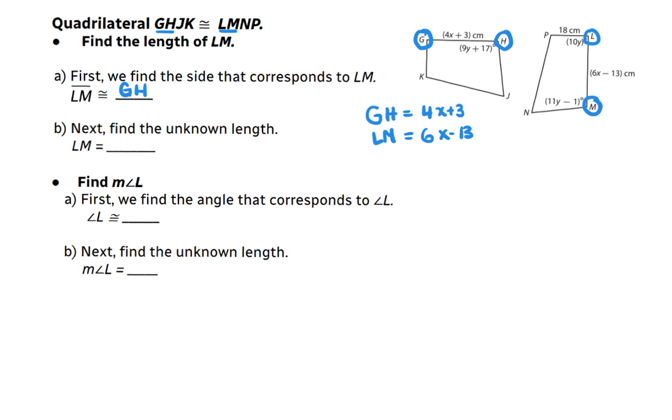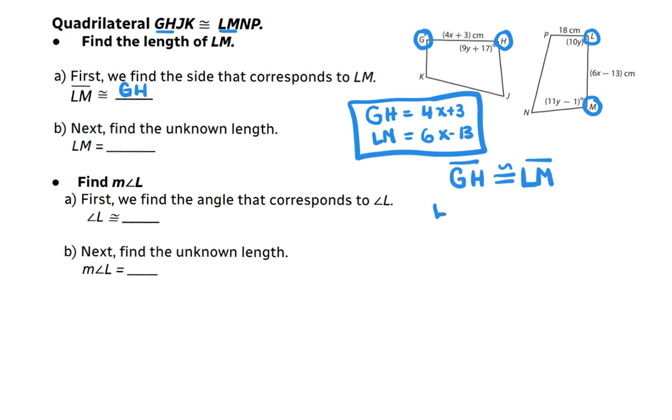So we're going to set those equal to each other so we can determine the value of x. So GH is congruent to LM, so 4x plus 3 is equal to 6x minus 13.